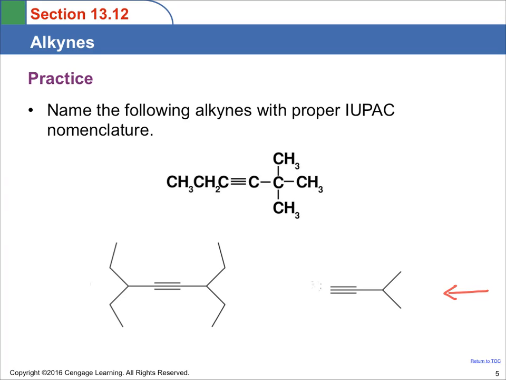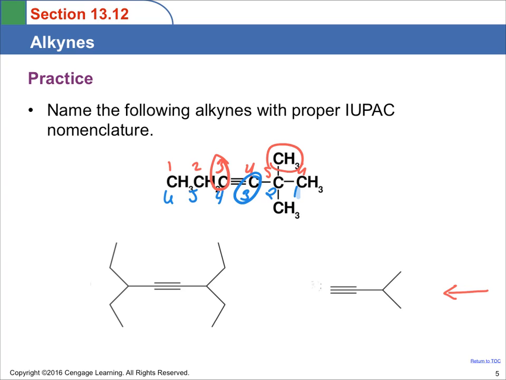Alright, for naming the first one, we number from left to right versus right to left. We have triple bond on 3, and again triple bond on 3. So remember, when you have a tie with numbering the double or triple bond, you break that tie with making the groups the lowest number possible.